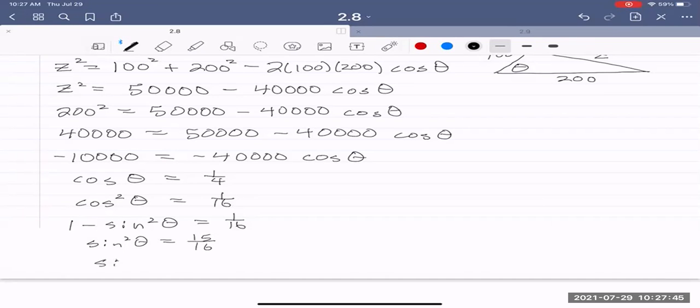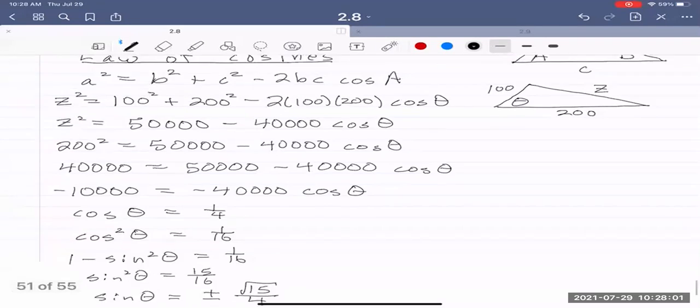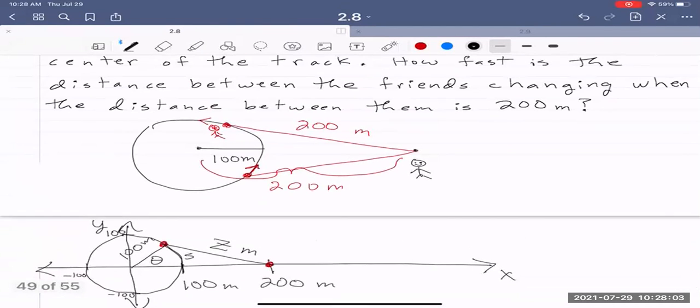So sine of theta is plus or minus the square root of 15 over the square root of 16, which is 4. And that's why I don't know if it's positive or negative, because I don't know if you're coming or if you're going. So I don't know if you're above or below the x-axis.